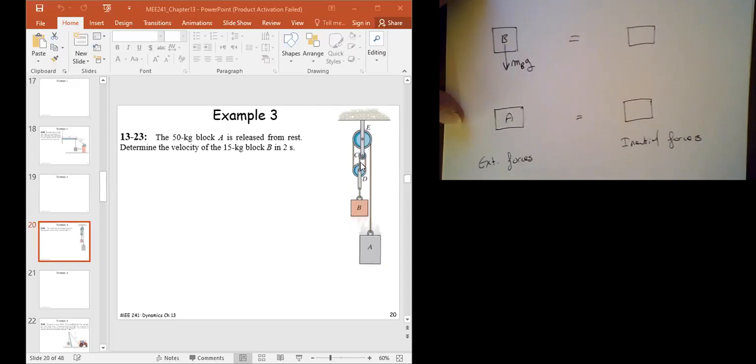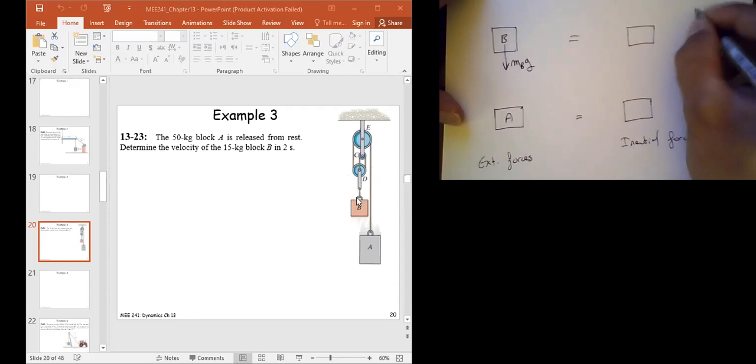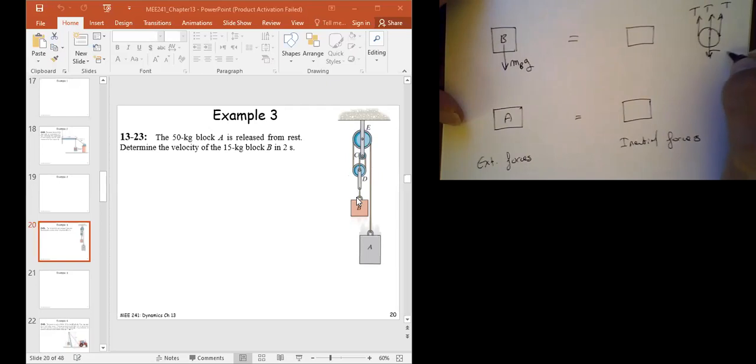Let's say the tension in the cable is T. Then what is the force applied on this cable right here? We have a pulley, and then we have tension T here, and T here, and then obviously the one in the middle is going to be equal and opposite. So what is this one here? 3T, right?